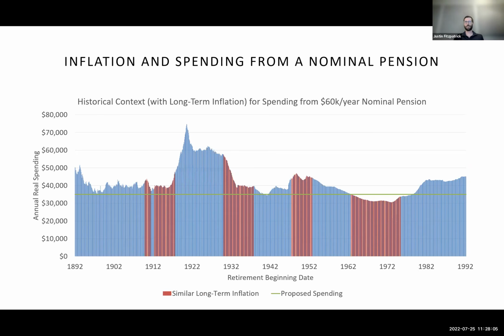Let's take an example of a nominal pension. So let's say somebody, again, we'll completely simplify and say the only thing they have is a $60,000 a year nominal pension. So here, not really taking portfolio withdrawals into account, how much of that nominal pension could they have spent, saving the rest into a portfolio?